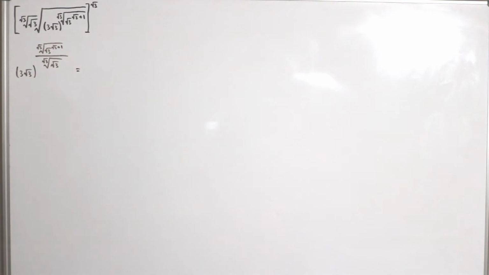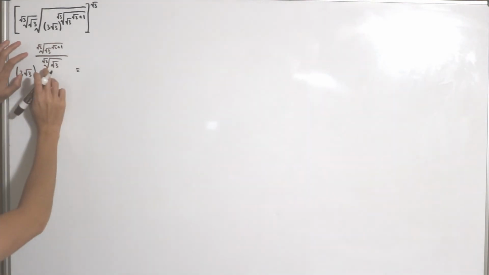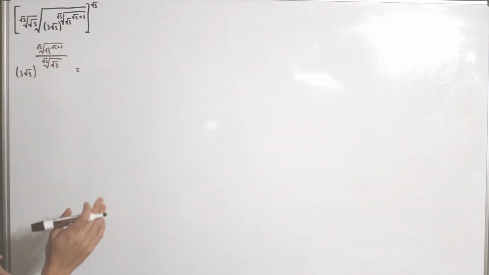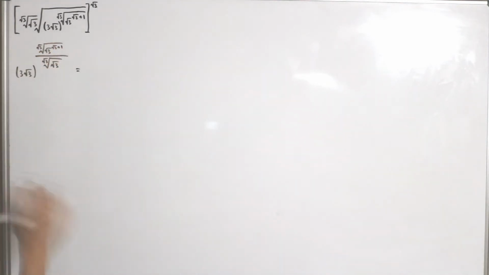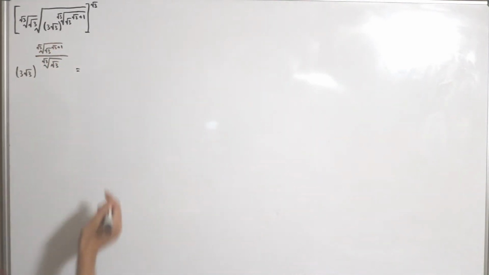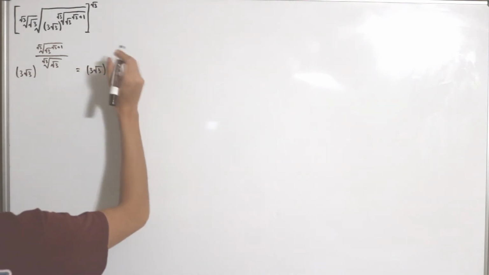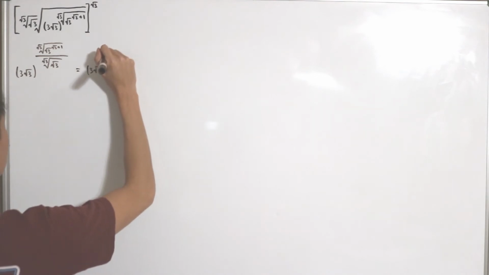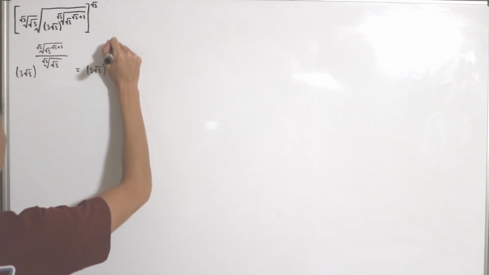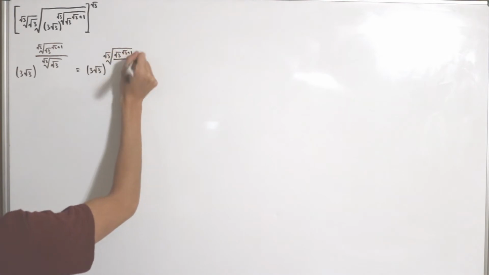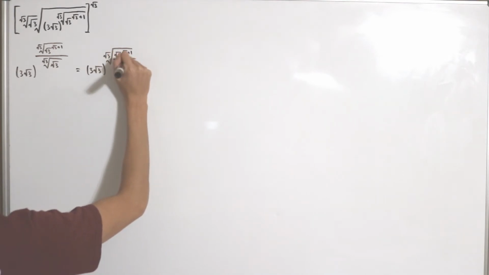Now notice that the numerator and denominator both share the same index under the radical. So what this means is I can actually combine the radicand, so that it's under one radicand with the same index. So this is 3 times the square root of 3, and then the root of square root of 3 to the power of square root of 3 plus 1, and then divided by the square root of 3.